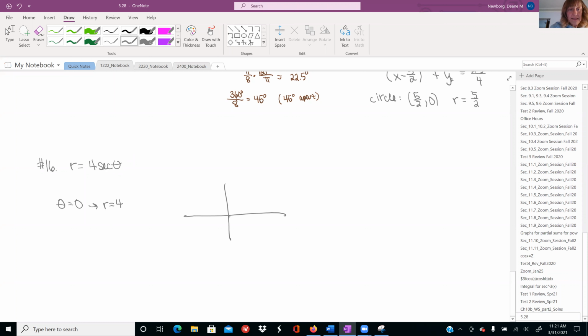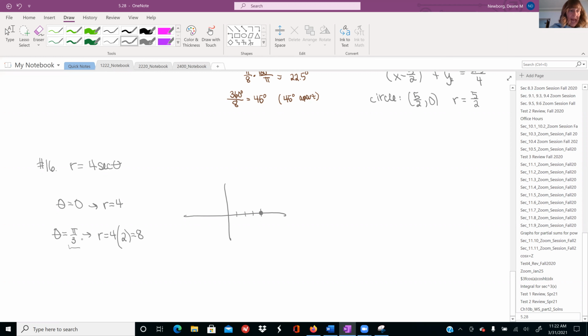So that means on the x-axis, theta equals 0, I'd go out 4 units. And then I could say, okay, let's try plugging in theta equals pi/3. So I get r equals 4 secant of pi/3. Cosine of pi/3 is 1/2, and secant is the reciprocal, so it would be 2. So it'd be 4 times 2, or 8.